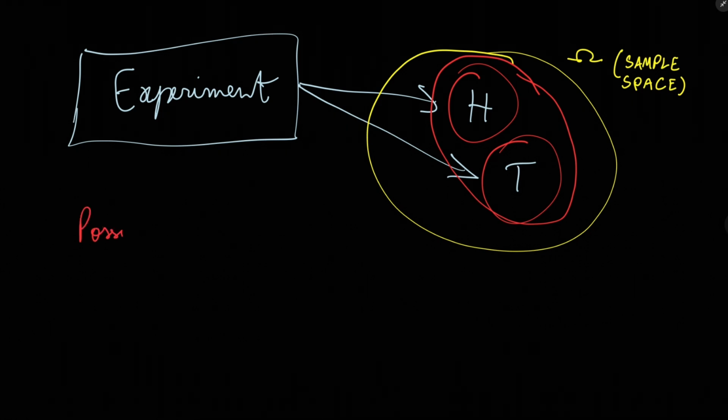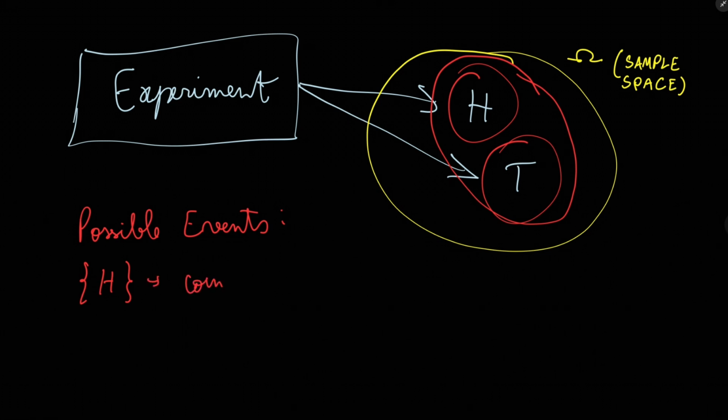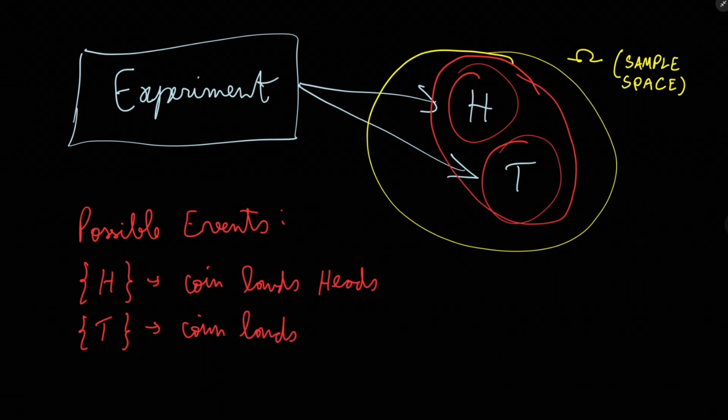Let's write that down. So possible events. First, the subset with heads, which means the event coin lands heads. Then the subset with tails, which means coin lands tails.